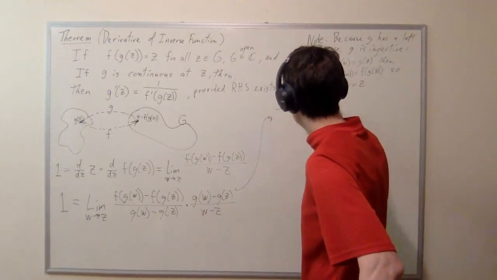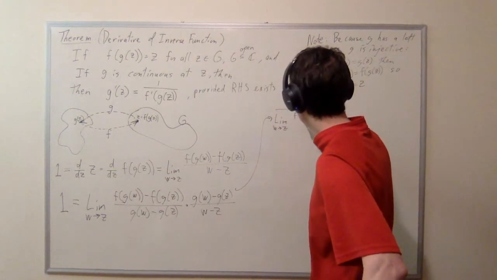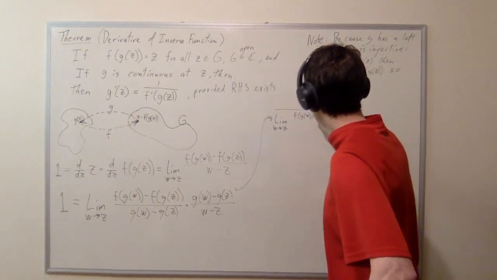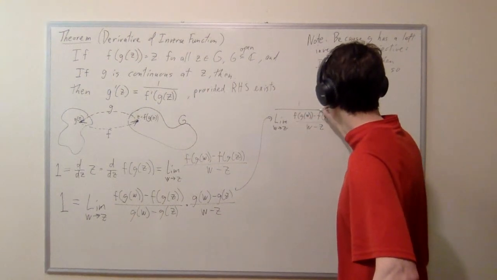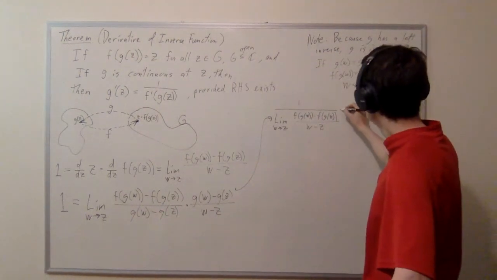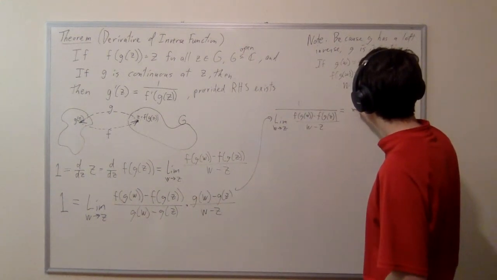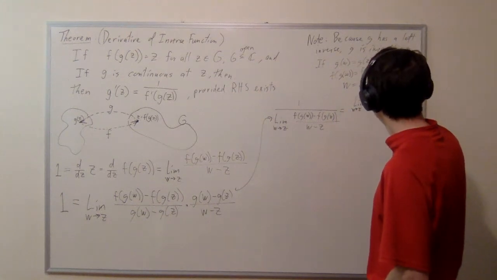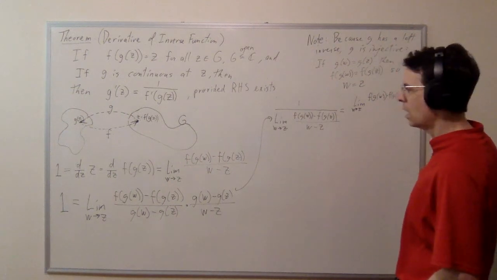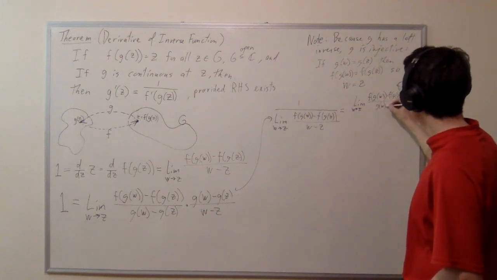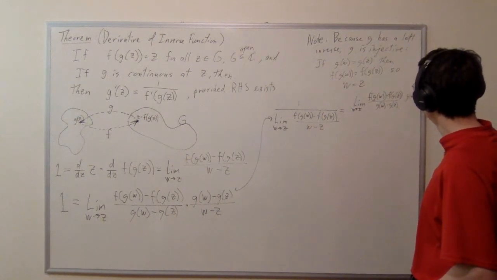So here, 1 over the limit as w approaches z of f of g of w minus f of g of z over w minus z, that ugly thing is equal to the entire thing, the limit as w approaches z of f of g of w minus f of g of z over g of w minus g of z, and then finally g of w minus g of z.